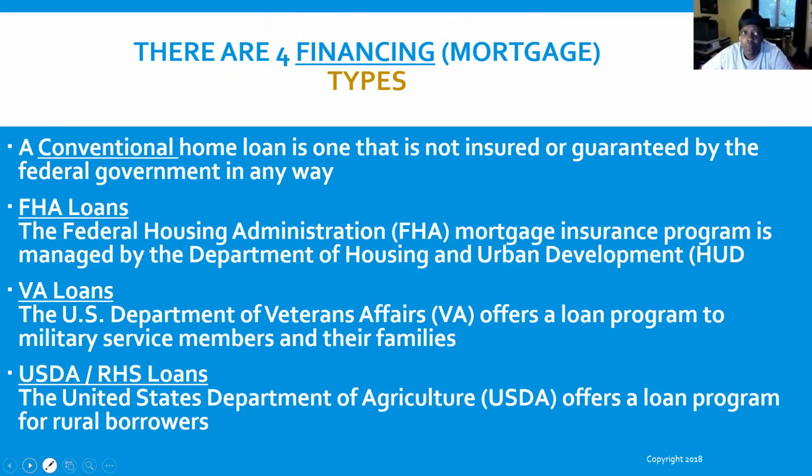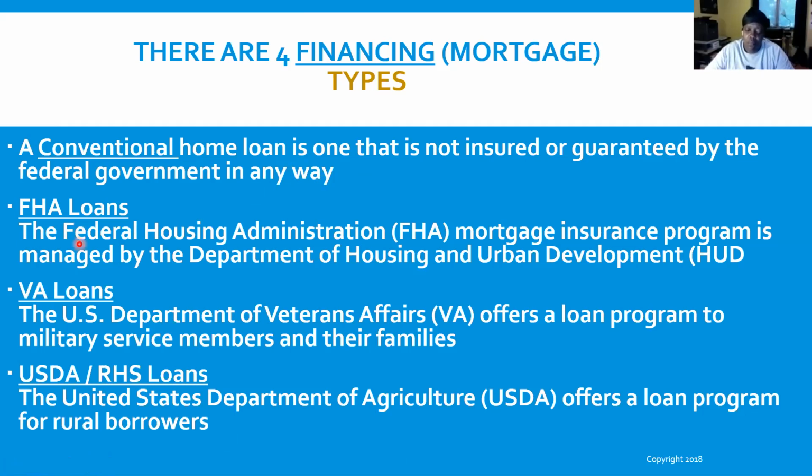Now, let's look at what each financing type means. There are only four financing types. Again, a conventional loan means that it's not insured or guaranteed by any federal government entity in any way.